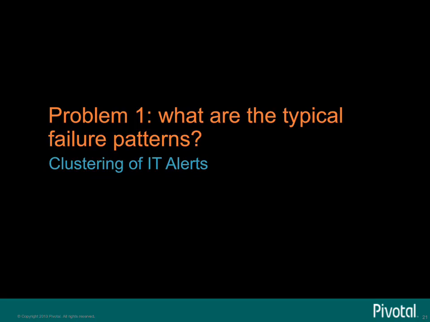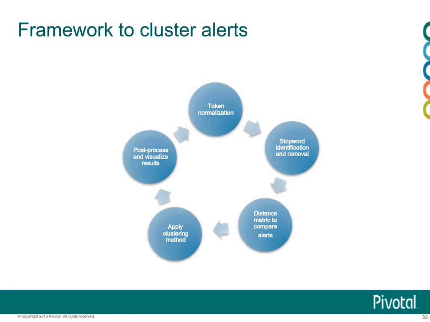So now let's go into the actual clustering procedure itself. It has these 5 high-level steps. The first step is token normalization, followed by stop word removal, and then we'll define a distance metric to compare any 2 alerts and compute pairwise distance between all the alerts.